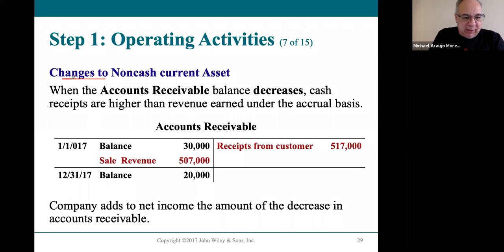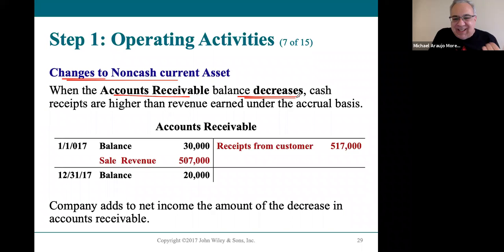Now comes the hard part. All those current assets and current liabilities are looked upon very interestingly with a cash flow statement. So look at this. We have an accounts receivable balance. Now remember, an accounts receivable is you waiting for cash, right? So when the balance actually goes down, the assumption is you've gotten more cash. That's a cash inflow.